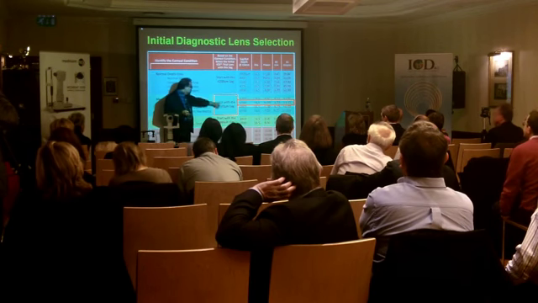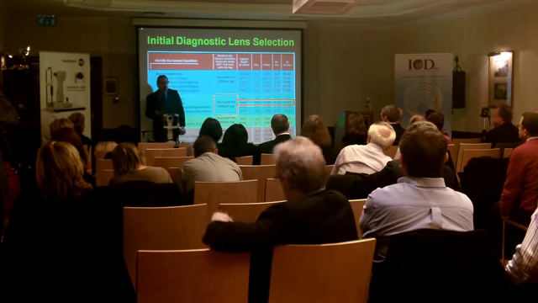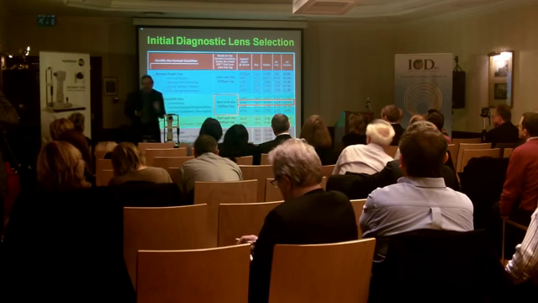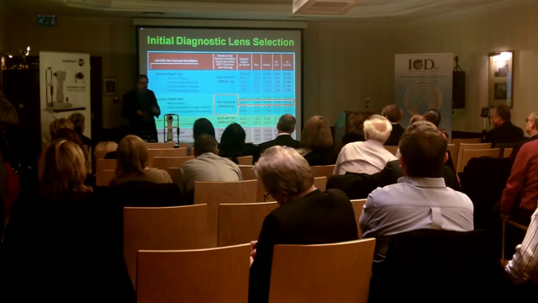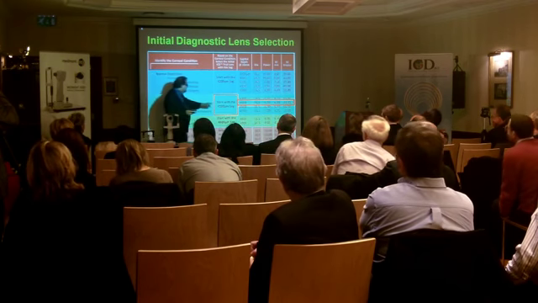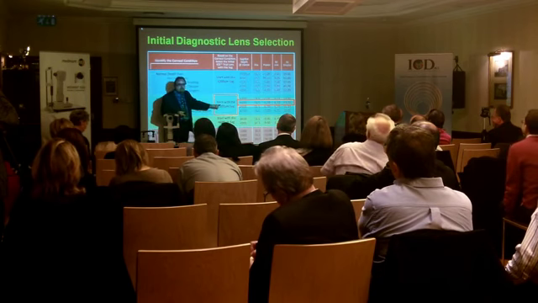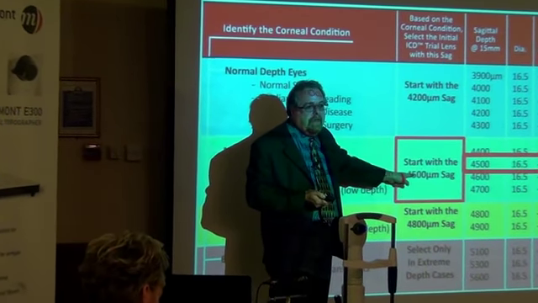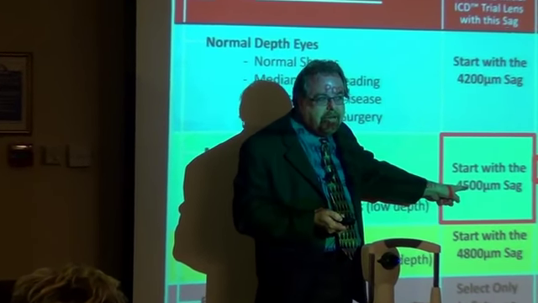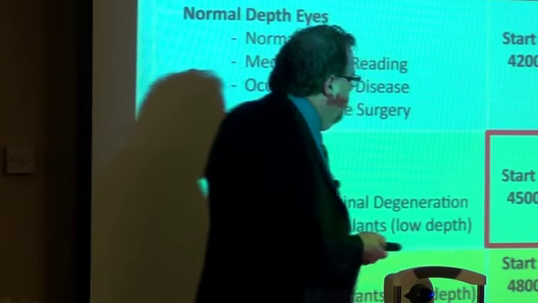So our go-to lens for keratoconus has a sagittal height of 4,500 microns. This is the contact lens that goes on every single keratoconus patient that falls into moderate to advanced keratoconus.